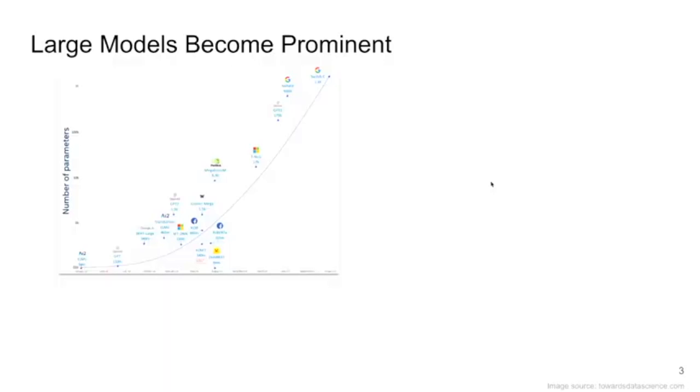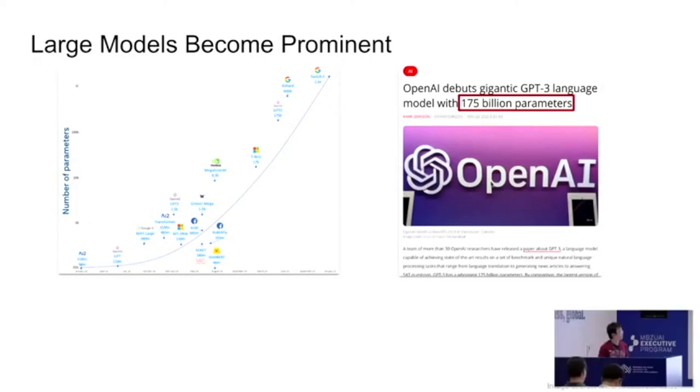Since 2018, the largest model size started to increase more than 10 times every year. And 2 years ago, OpenAI released the very famous GPT-3 model with 175 billion parameters. This model is recognized as one of the most important breakthroughs in machine learning.